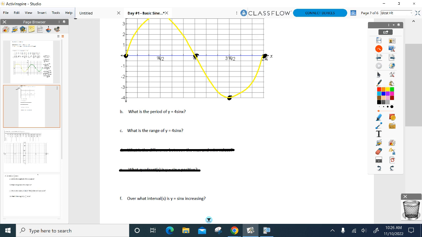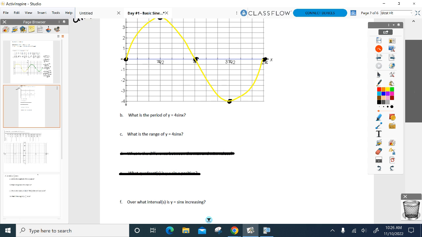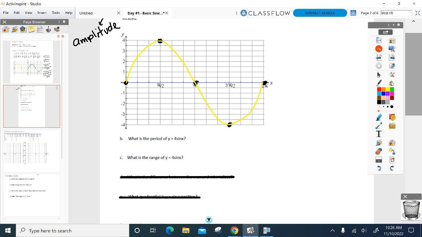Second vocabulary term, which is period. I'm not going to get too hardcore into it until next week. The period of a graph is how long on the x-axis it takes before it repeats itself again. And I just showed you what happens after 2 pi.